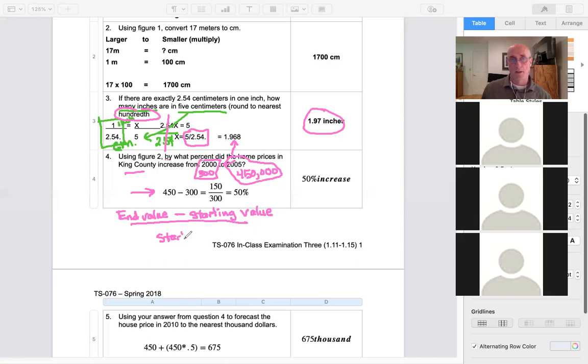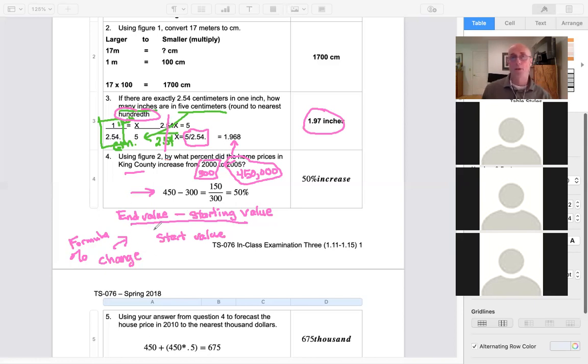That's the formula. So again, you should write this down. This is your formula for calculating percent change, if you want to add that to your notes. All right, so there's my formula.